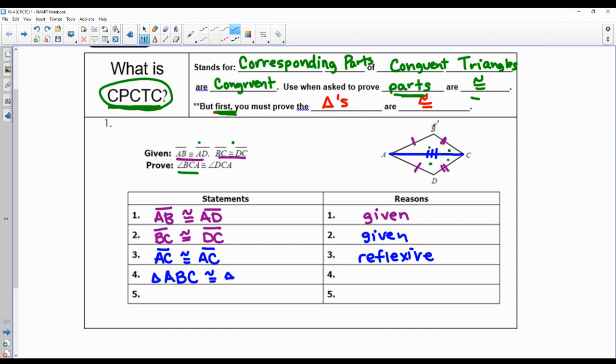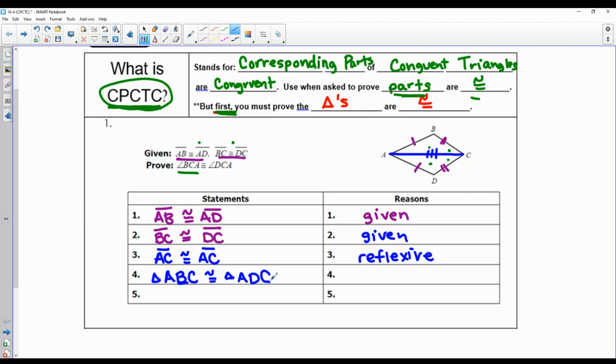In the top triangle, A was in between the side with 1 tick and the side with 3 ticks. So in the bottom triangle, I look between 1 tick and 3 ticks. That's also A. Then this B was in between 1 and 2. So between 1 and 2 down here is my D, and that leaves C as my last letter.